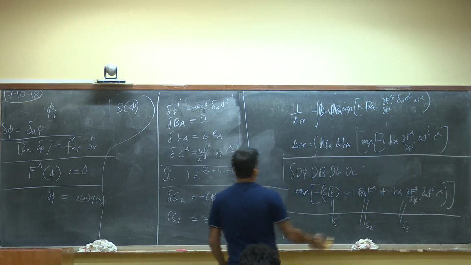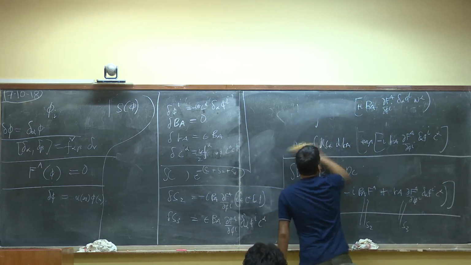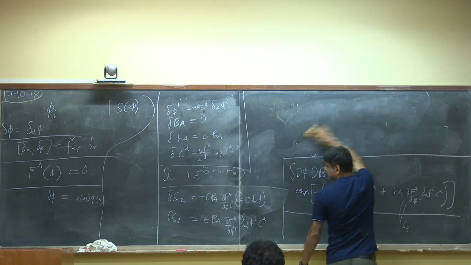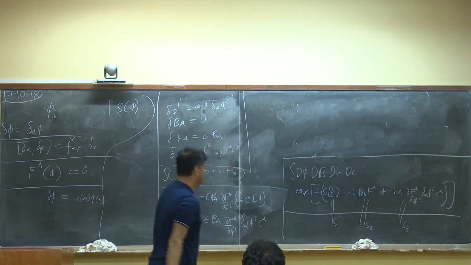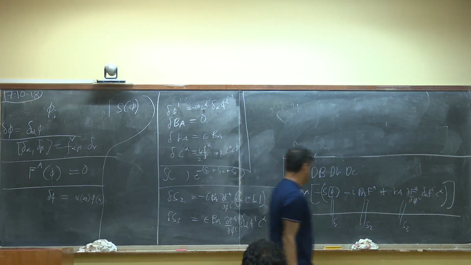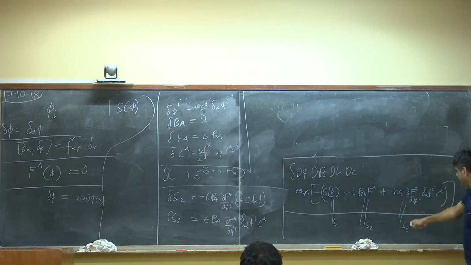Okay. Now what about the other two terms? Well, why do I say other two terms? Firstly, because this quantity here in S3, we've already taken into account the transformation of B A. We have to take into account the transformation of phi's and of c's.